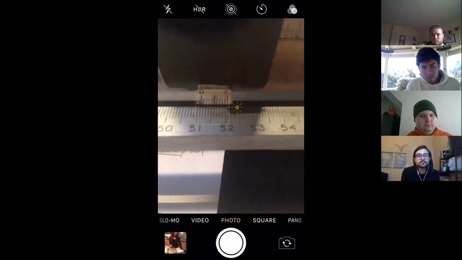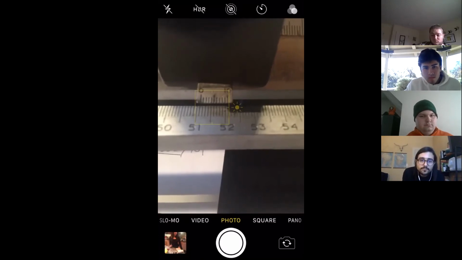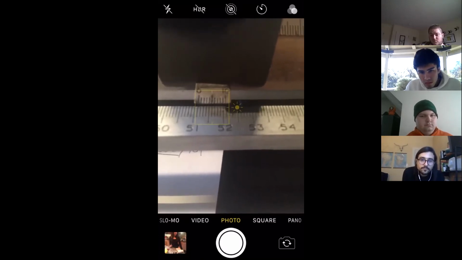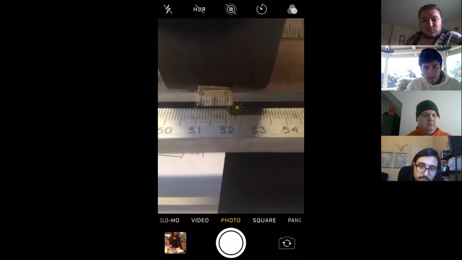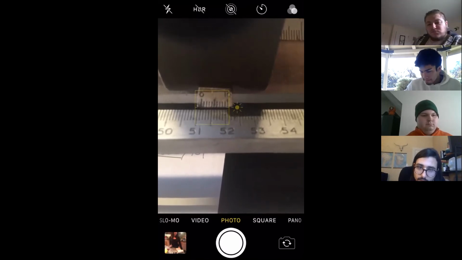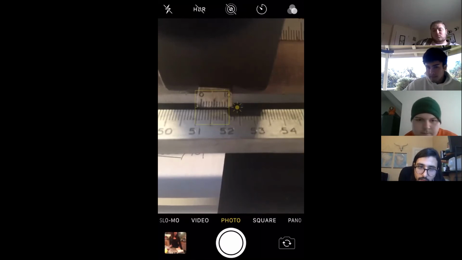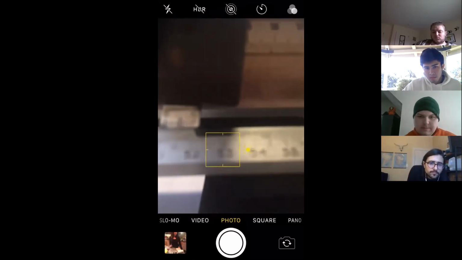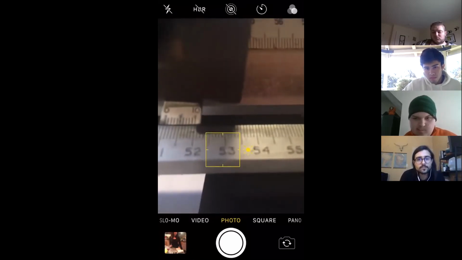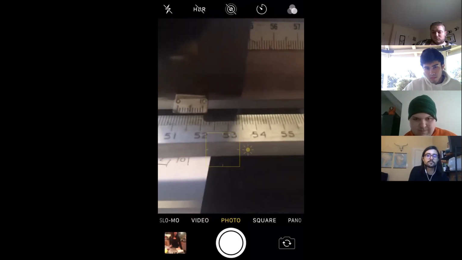What would you say the S coordinate is, to the nearest tenth of a centimeter? 51.6.